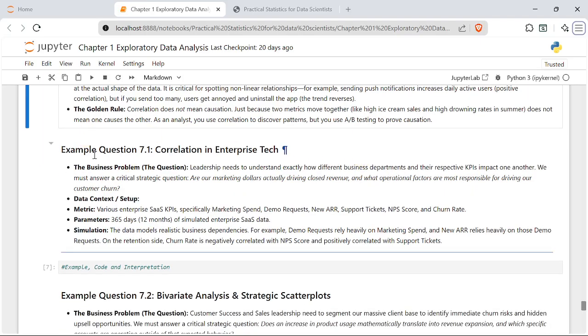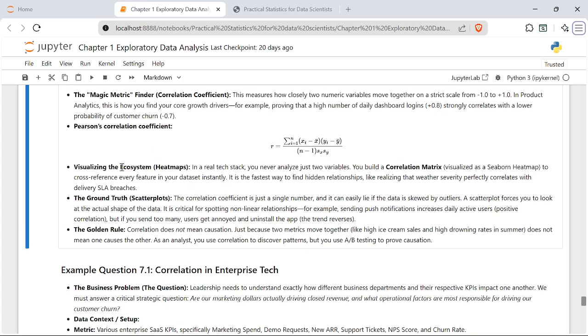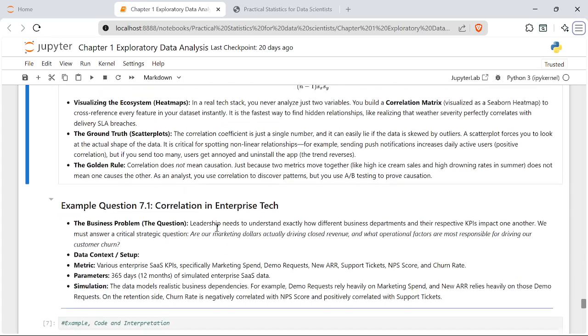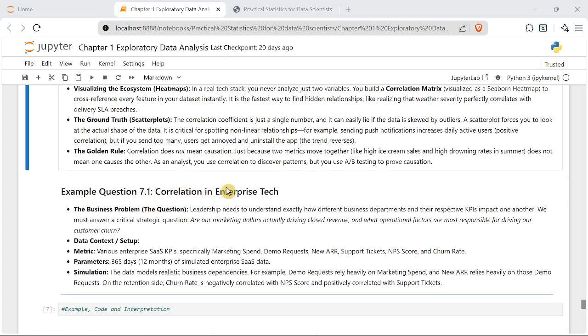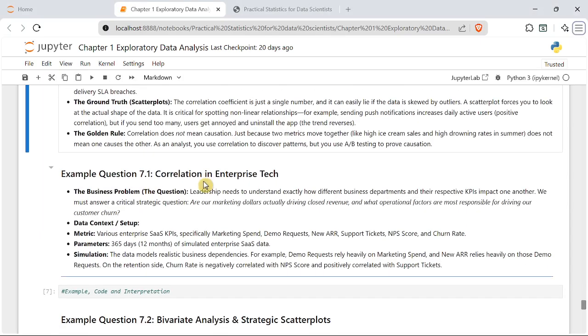So here is example question number 7.1, correlation in enterprise tech, to understand the concept of the correlation coefficient. The hook, here is the business problem.